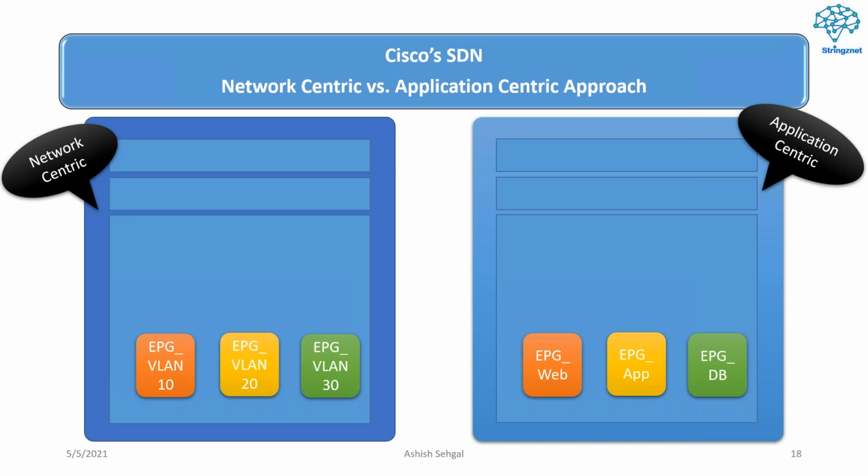Guys, this ACI can be implemented in two different ways: in a network-centric way and in an application-centric way. When we say it is implemented in a network-centric way, this means that the ACI fabric, I'm going to tell you what this fabric is, will provide us not only the connectivity platform, but also the platform for servers, wherein the servers will be connected to the ACI fabric directly.